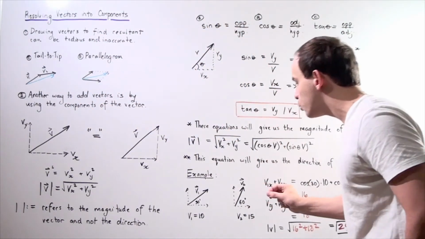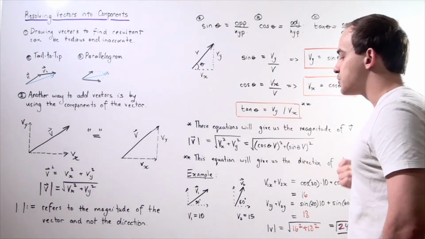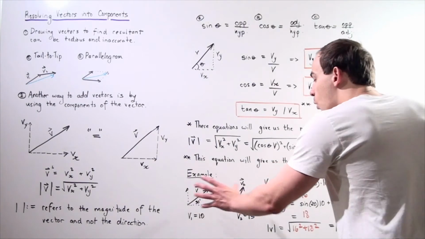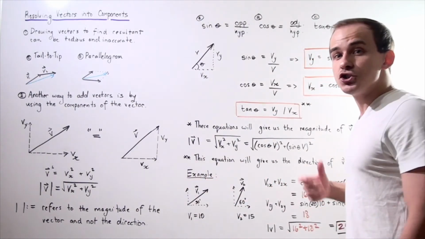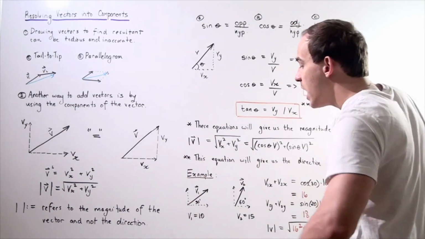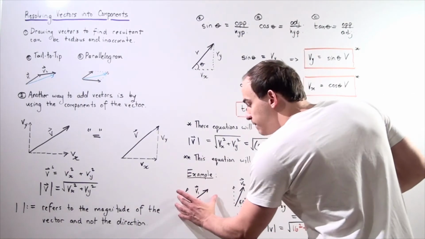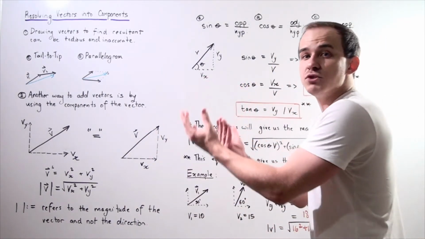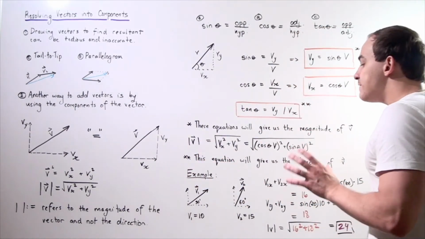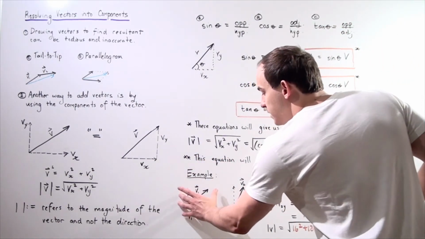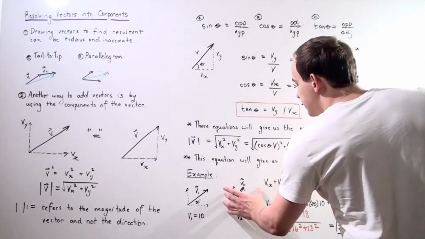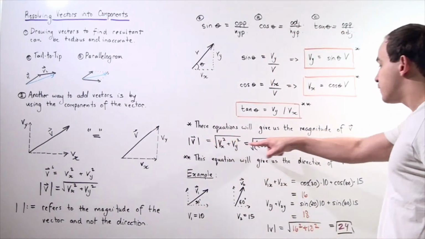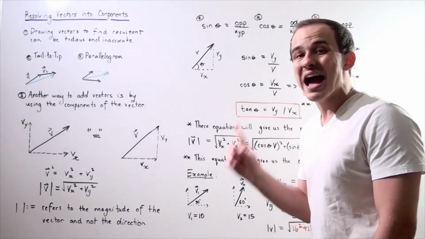I want to use the component method. That means I have to break down each vector into its components. I find the x component of V1 and the x component of V2 and add them up. Next, I find the y component of V1 and the y component of V2 and add them up. Finally, I use this formula to find my magnitude.